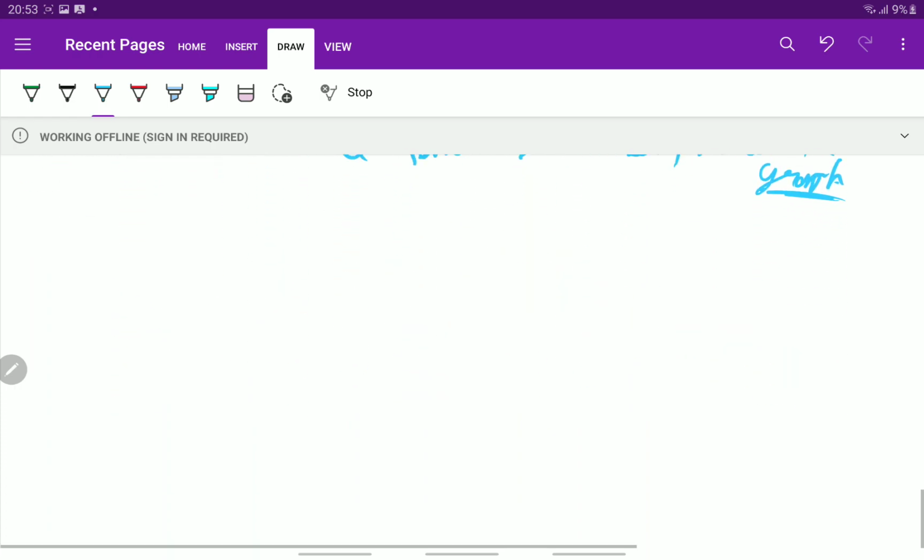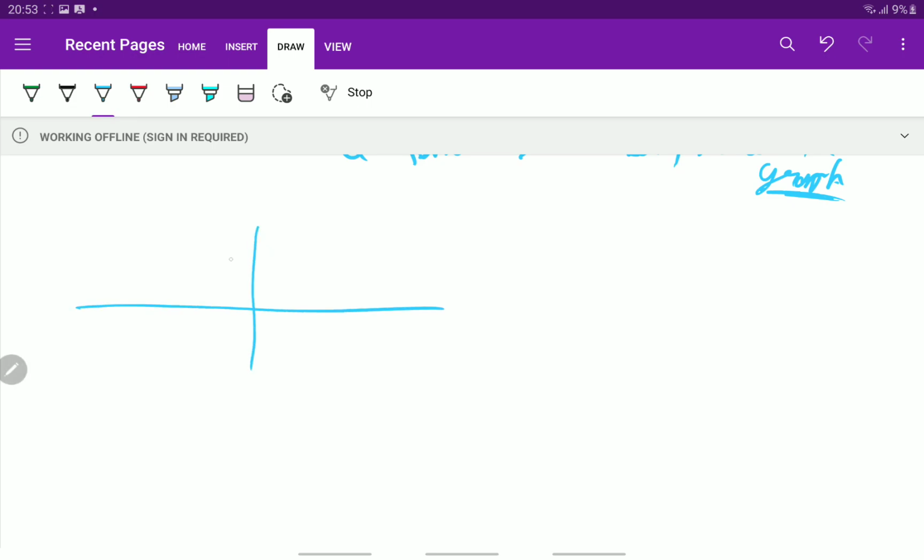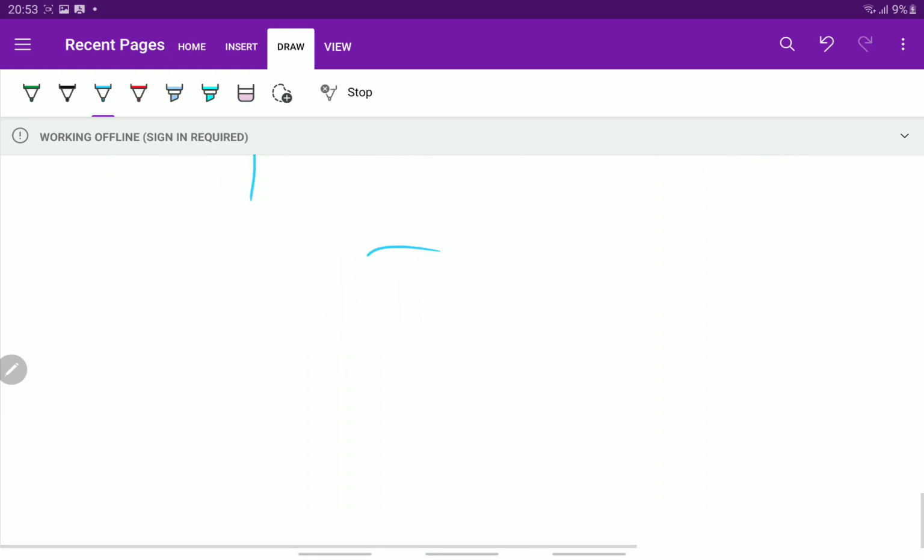Simple? Got it. So large a term means narrow. So let's look at this. If the a term is large, the graph is going to be getting smaller and smaller, right? And if the a term is small, it's going to be getting fatter and fatter. Okay, that's a simple way to go about it.